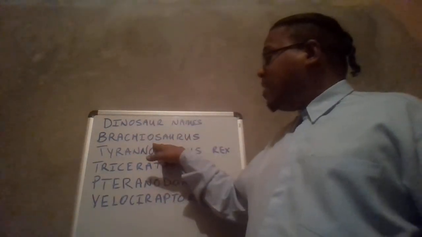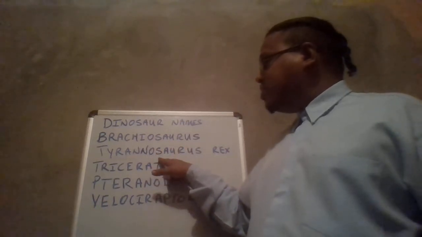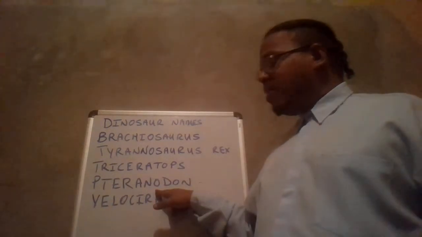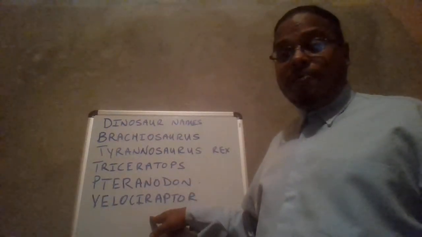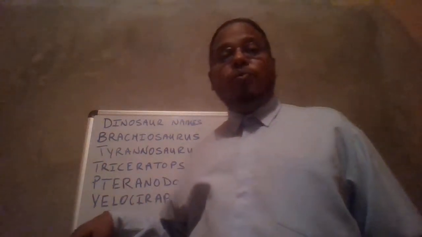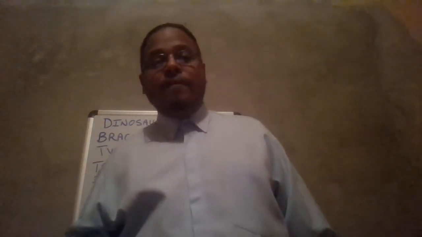So let's go over the names. There's Brachiosaurus, Tyrannosaurus Rex, Triceratops, Pteranodon, and Velociraptor. All these dinosaurs were based in our reading.